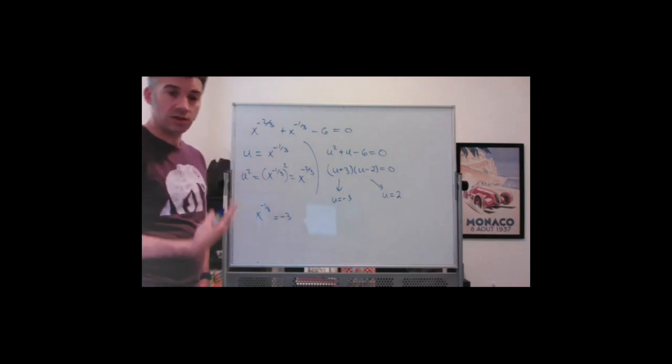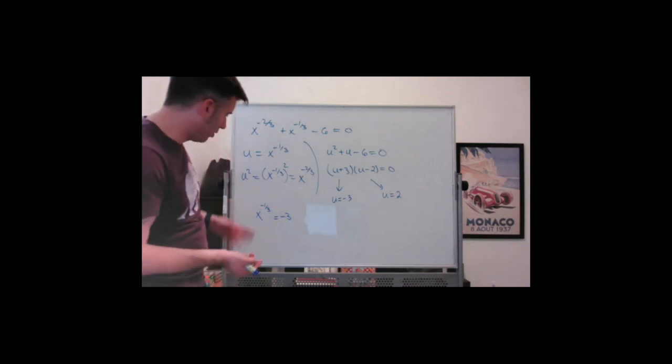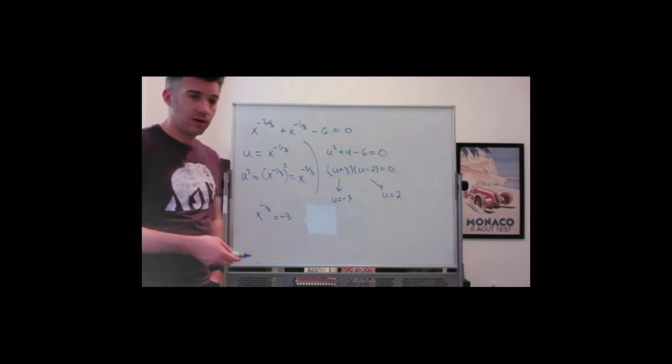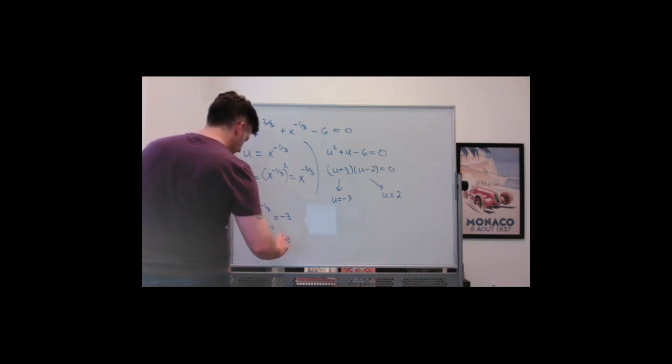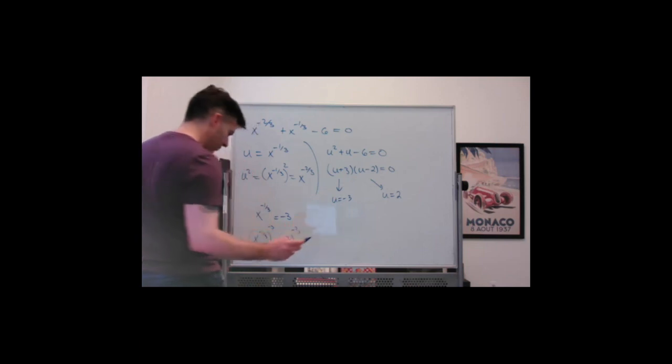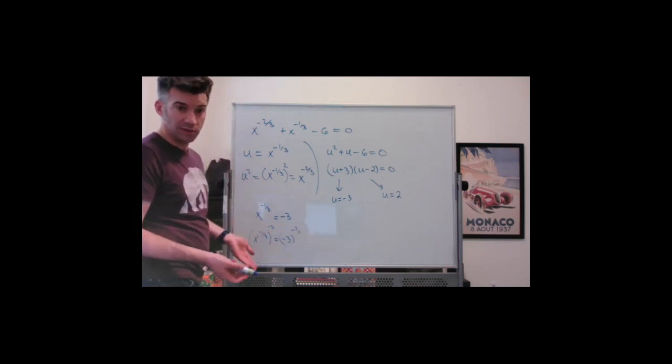To isolate or solve for x, we have to raise both sides to the power that is the reciprocal of the negative 1/3 power. So we're going to raise both sides to the negative 3rd power. So x to the negative 1/3 to the negative 3rd equals negative 3 to the negative 3rd. x to the negative 1/3 to the negative 3rd is x to the 1, which is just x.